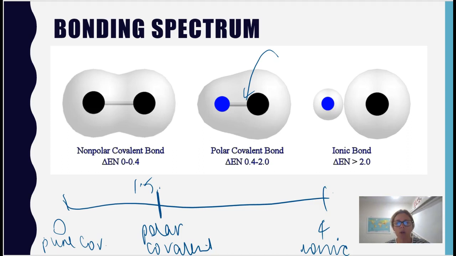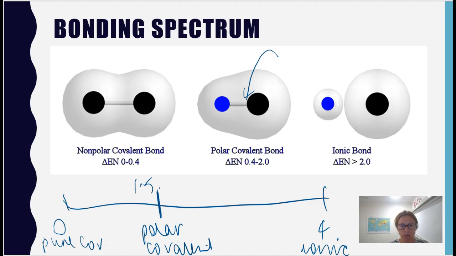So with our non-polar covalent bond, those electrons are shared evenly, whereas our polar covalent bond has that greater affinity. When one of them has that greater affinity, the electrons will spend more time in and around that atom than the other. So that's then called a polar bond.